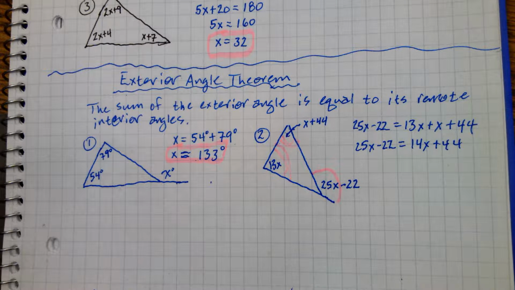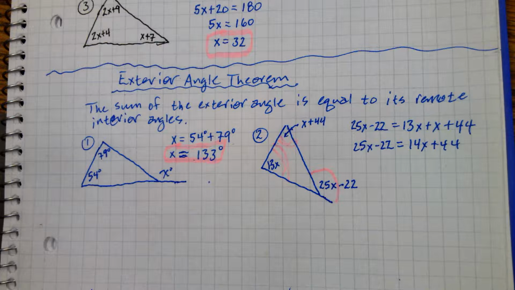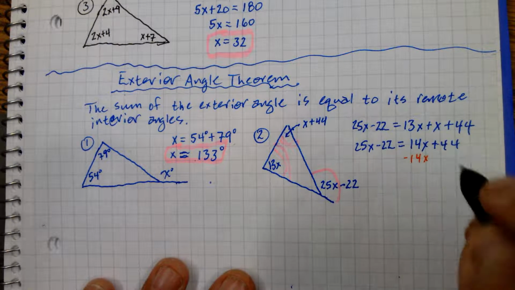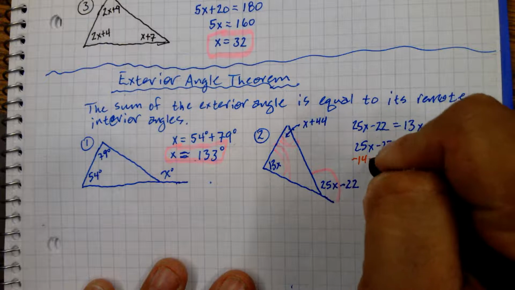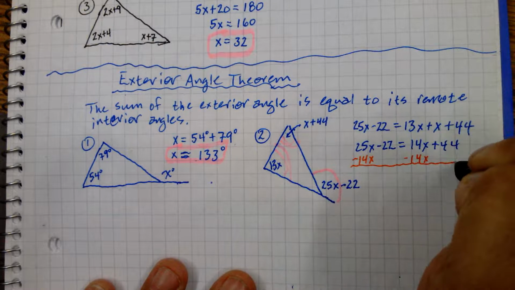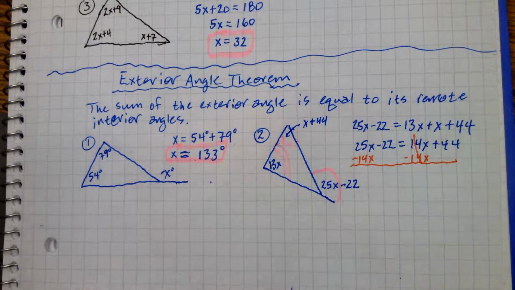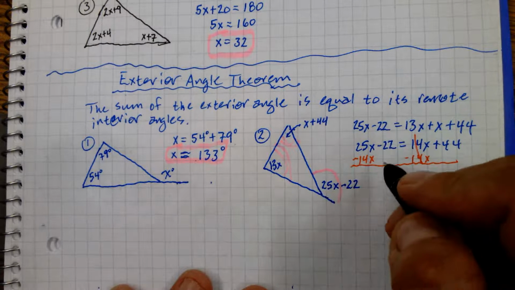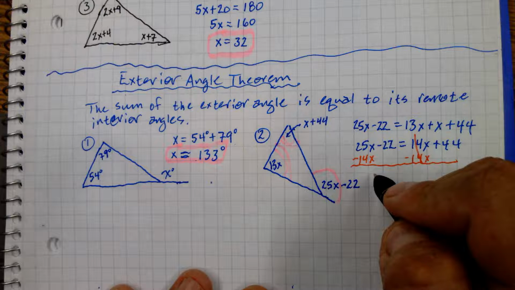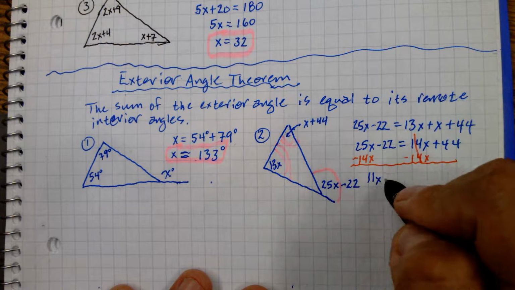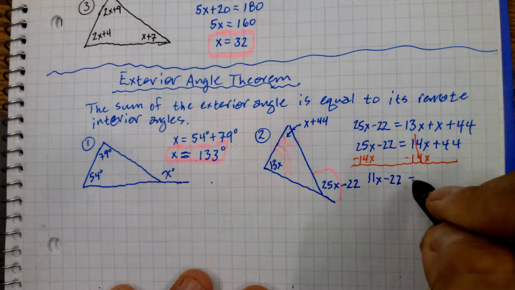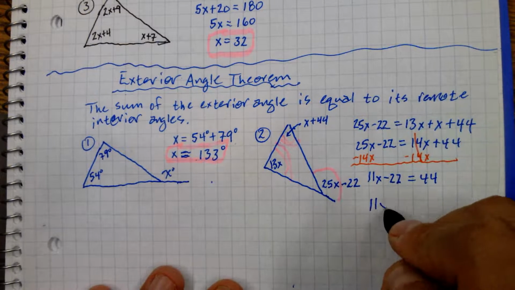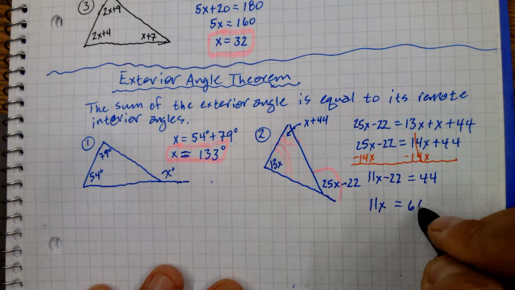Yeah, we got variables on both sides, so let's take care of that. And again, I like to get rid of anything on the right that has a variable. Okay, so what's that going to be? So that works out nicely because now that's going to be 11x equals 66.